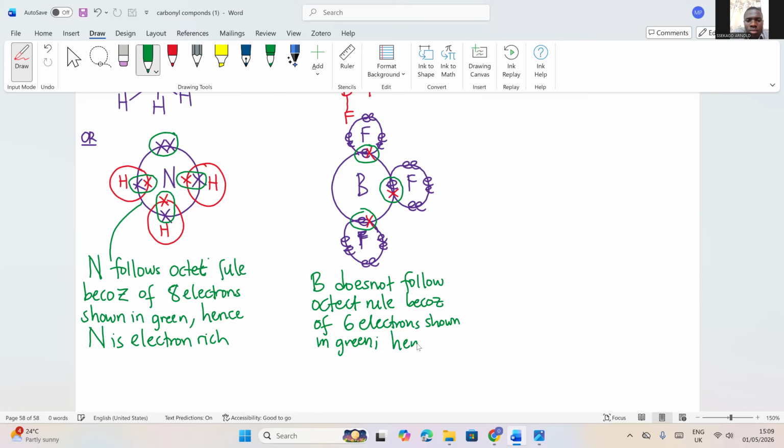So hence B is electron deficient. Since I have been able to convince you that N is electron rich and B is electron deficient, N is the donor atom, and B is the acceptor atom.